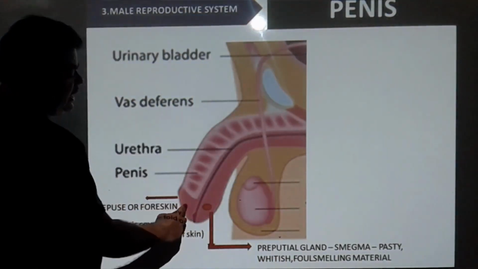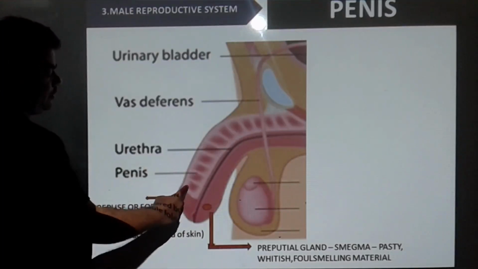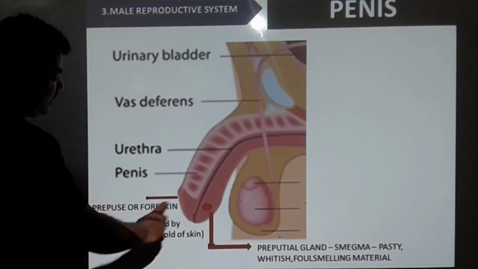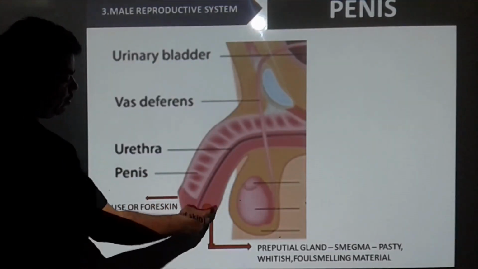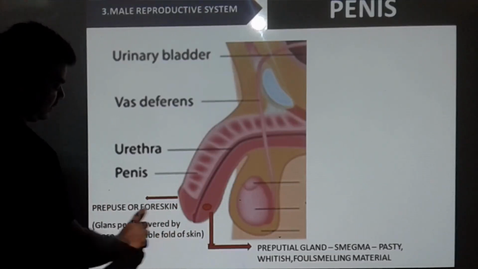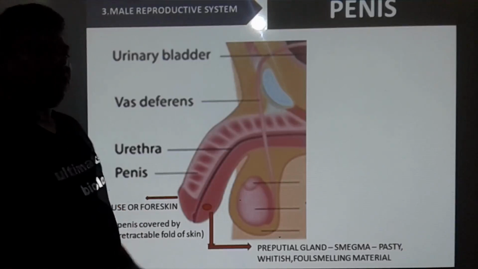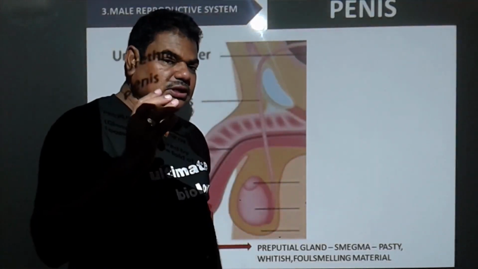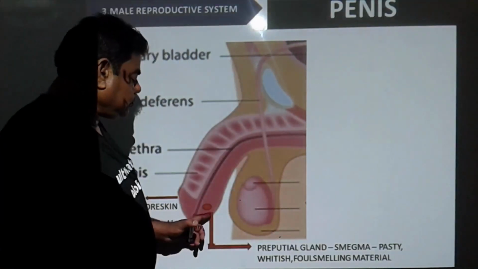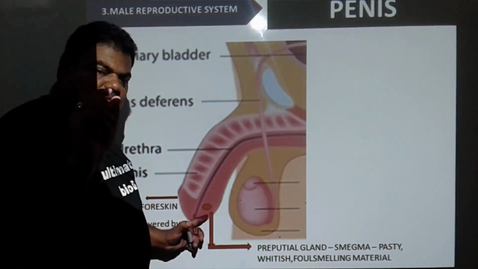This is the external genitalia, we call it the penis. It is differentiated into this portion, the penis, this glans penis, and this skin fold present here, that is the foreskin. We call it the prepuce or the foreskin. Now the male reproductive system is associated with three glands, no doubt. But in the penis, at the glans penis towards the lower side, a small gland is present.